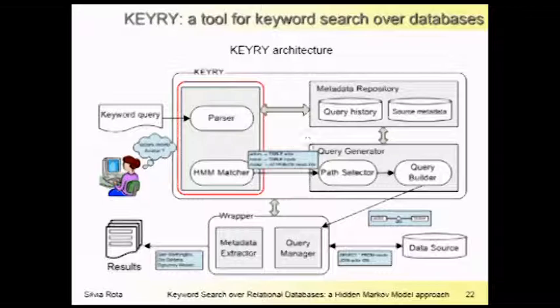The query is then passed to a query generator that finds the join path and builds a SQL query, which is then passed to a wrapper that communicates with the database. The results are also returned by the wrapper directly to the user. The part that I explained before about the hidden Markov model process regards only the part in red, the hidden Markov model matcher.